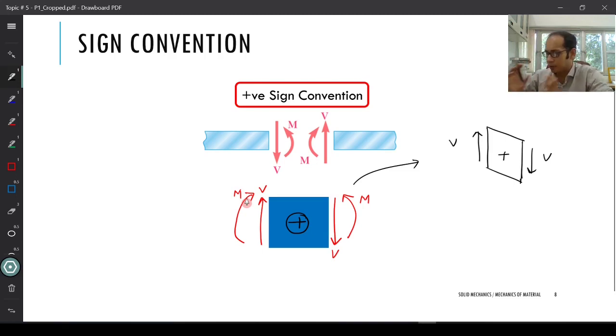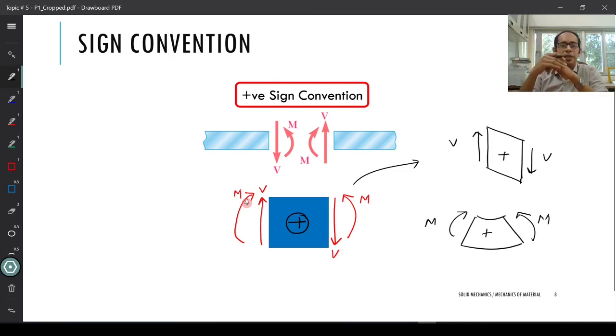And for the same thing, how does the moment look? The moment will be something like this. The sagging phenomenon. Right. So I hope it is clear to you how we represent a positive shear and a positive moment, because these conventions become important when you are drawing the bending moment diagram and the shear force diagram.